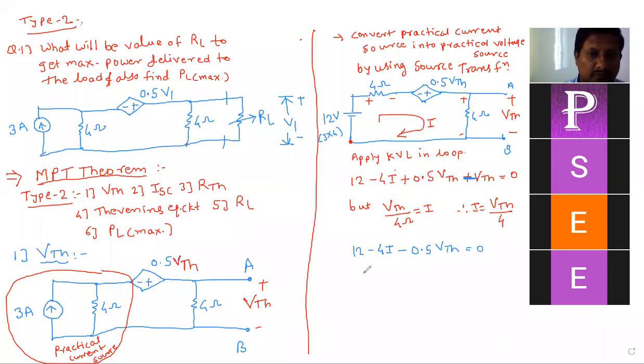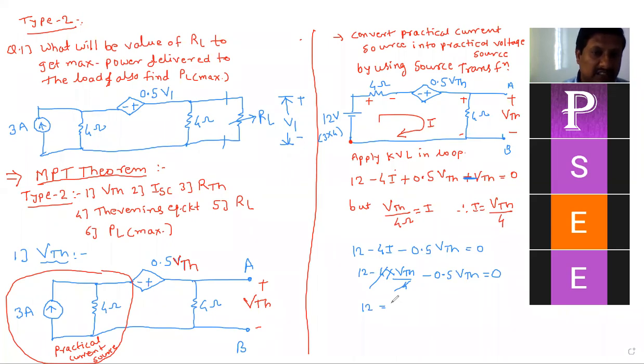E is equal to 0. So 12 as it is, minus 4 into I you can replace by VTH by 4, minus 0.5 VTH as it is, equal to 0. So this 4 will get cancelled. So 12 keep as it is on the left hand side, minus VTH and minus 0.5 VTH.